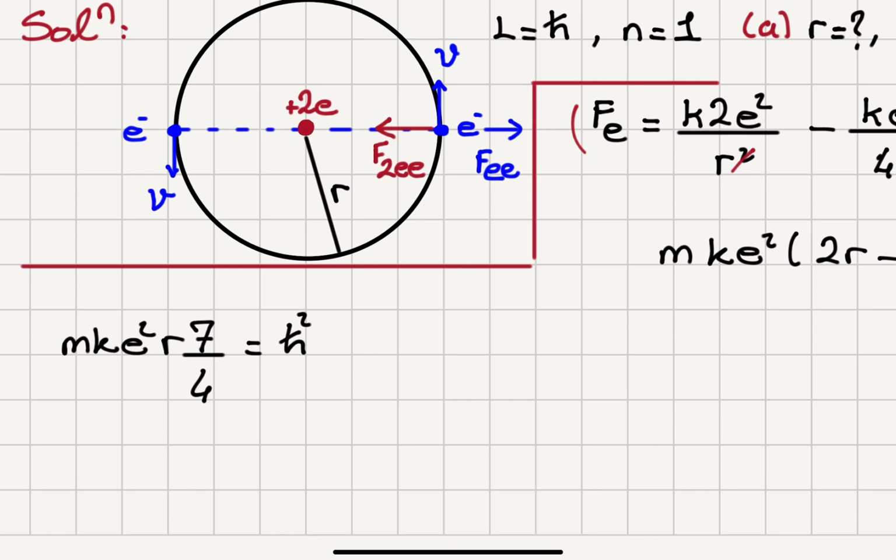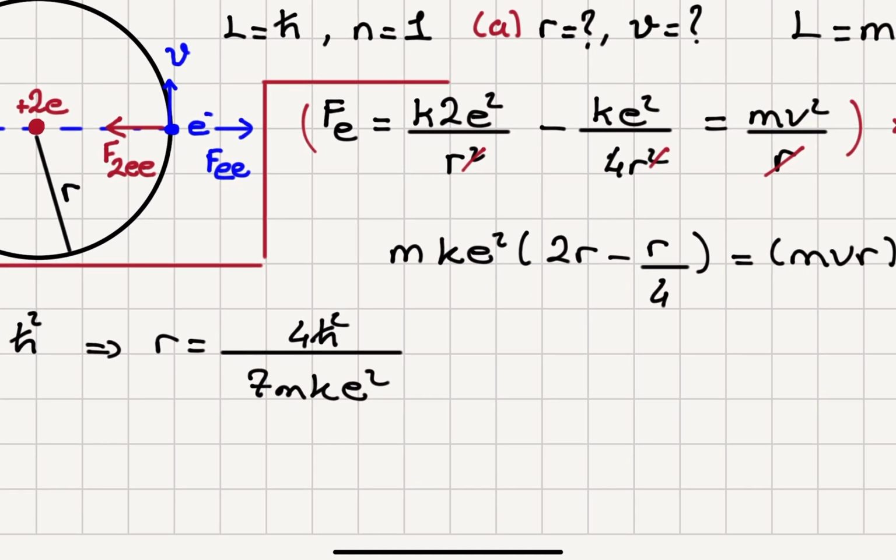That means the radius of the orbit r is 4 h bar squared divided by 7 mke squared, or if I substitute for k, 1 over 4 pi epsilon 0, r is 16 pi epsilon 0 h bar squared divided by 7 m e squared.